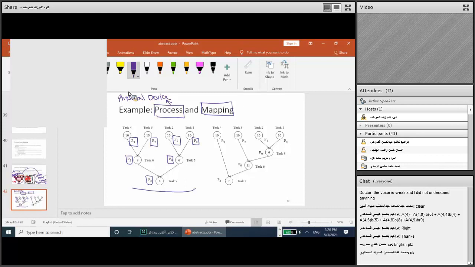This is a good mapping, but assume that we want to execute task 2 using P0. That is not a good idea. Why?